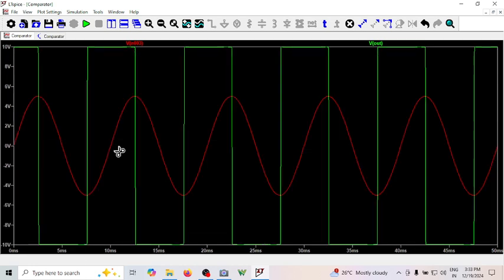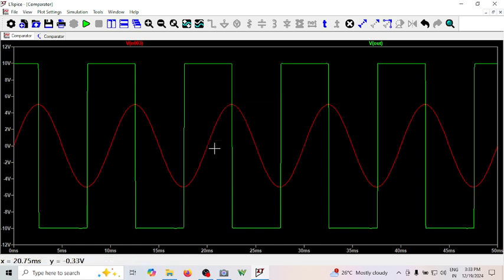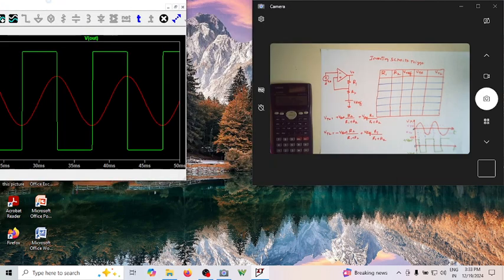Okay, let me change this axis setting to a different voltage. Let me make it maybe 12 volt to minus 12 volt so that you can see that. See now, this is more relevant than the previous one. Now let us try to understand what's happening here.